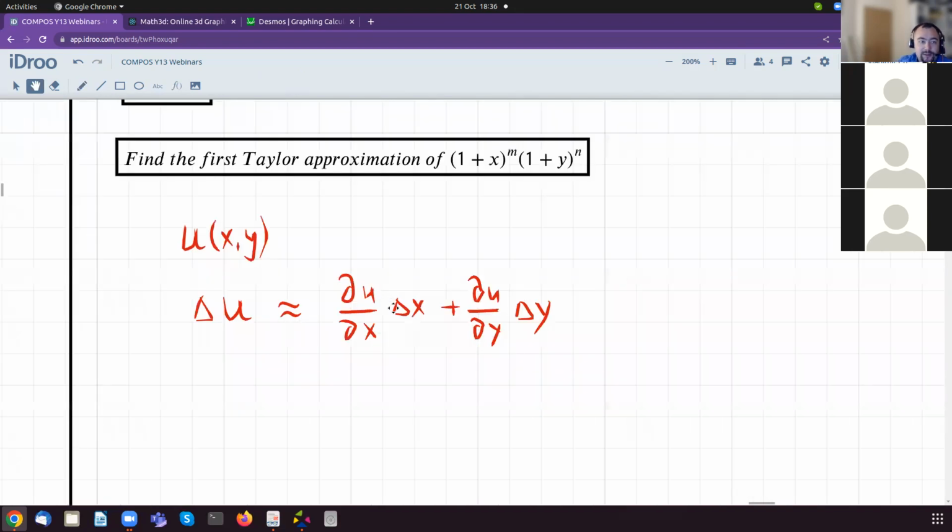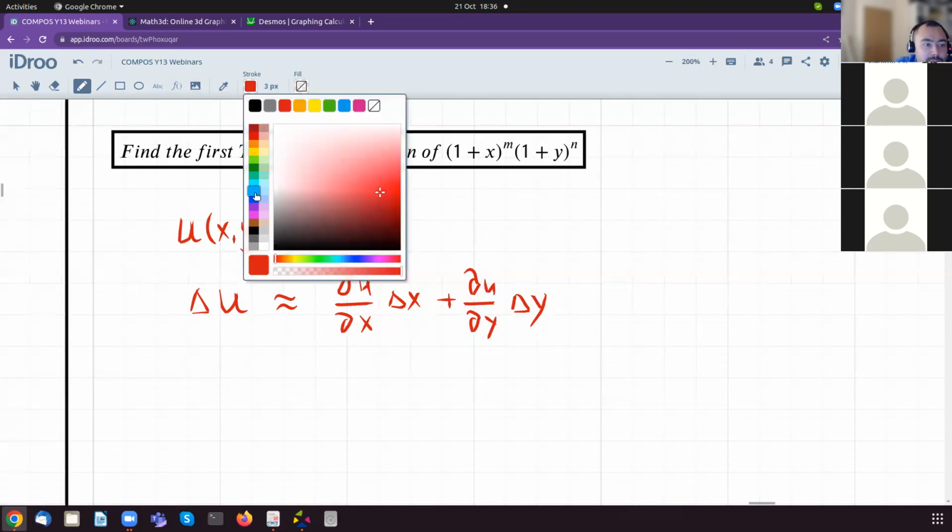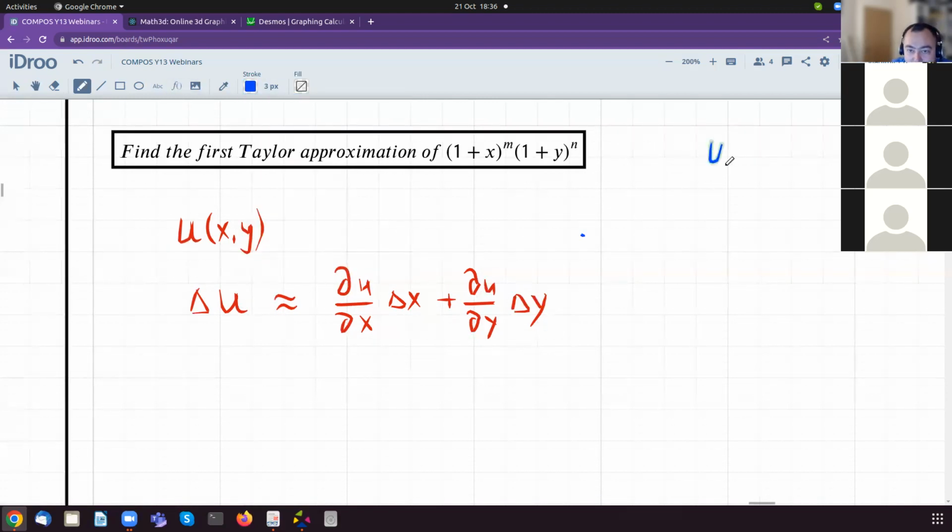Right. So this is a tricky one, because you just need to understand what is what. What is u in this particular case, and what is delta u? We need to understand. Well, as a matter of fact, in this particular case, u is x to the power m and y to the power n.